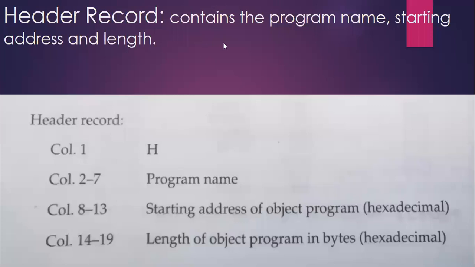The header record contains the program name, starting address, and length. Here we are identifying based on columns. Column 1 will be capital H, which indicates it is a header record. Columns 2 to 7, 6 characters, are reserved for specifying the name of the program.